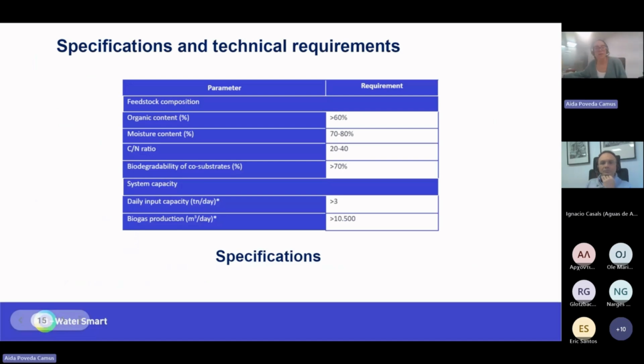And these slides show the specifications and technical requirements that the installations must have for a co-digestion startup. One of the most important things to take into account is to have at least 70% biodegradable substrate and sludge, and an organic load of 60%.